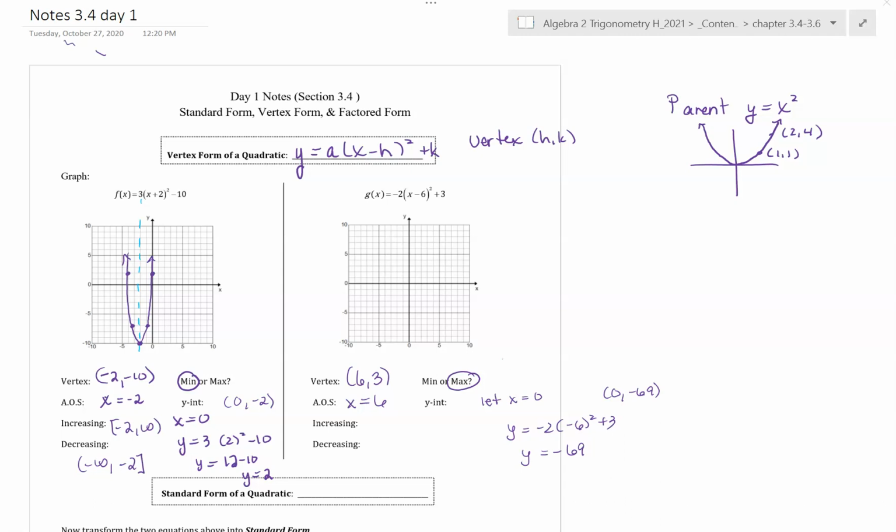So if I go ahead and plot some points, I have 6 comma 3, and notice that again I have my axis of symmetry at x equals 6.